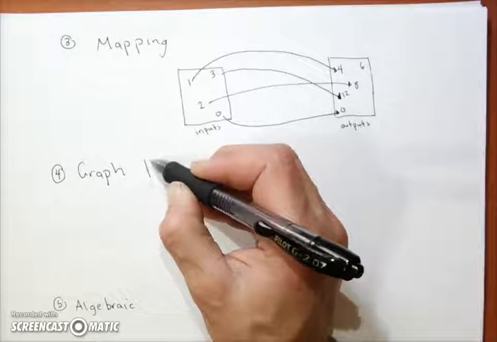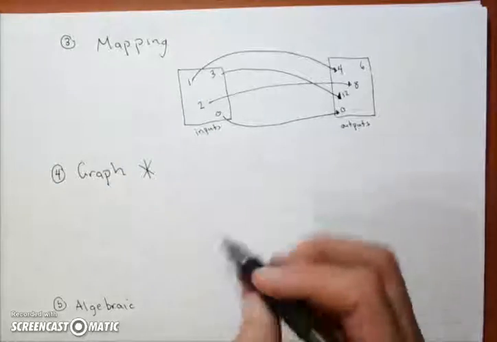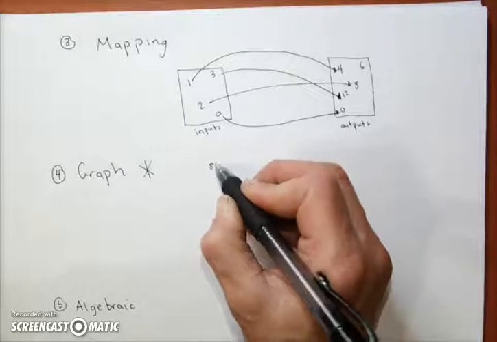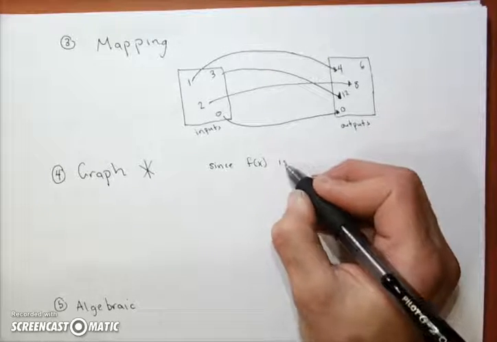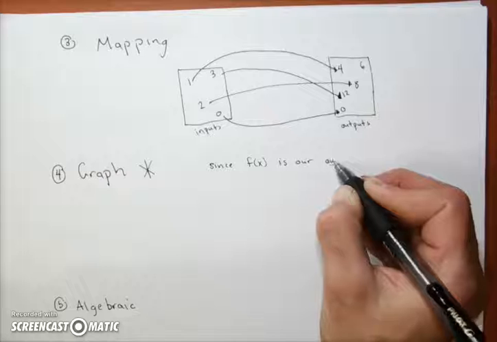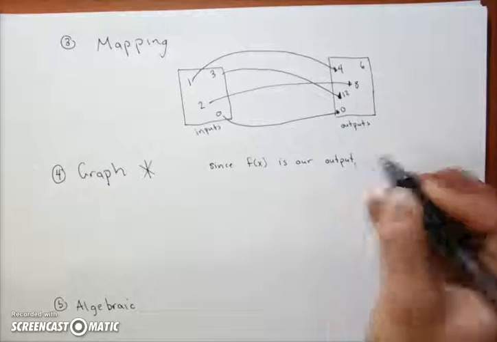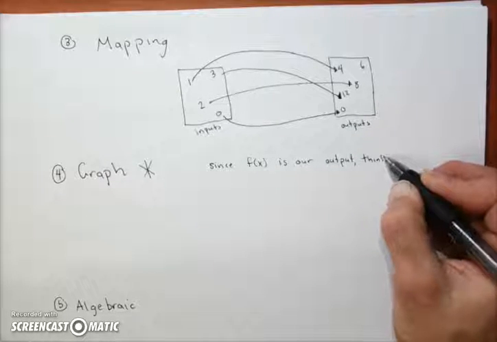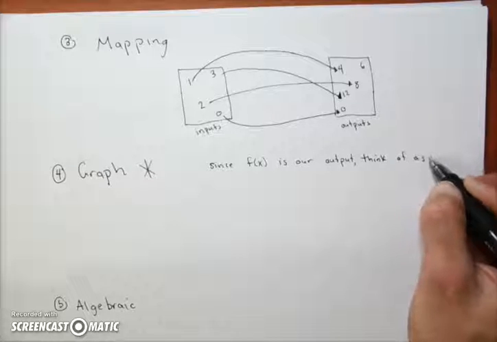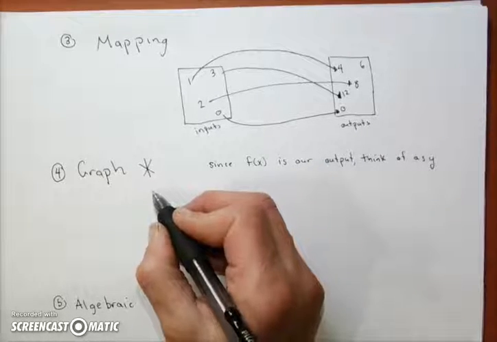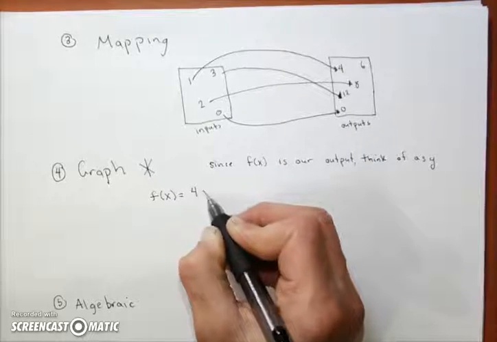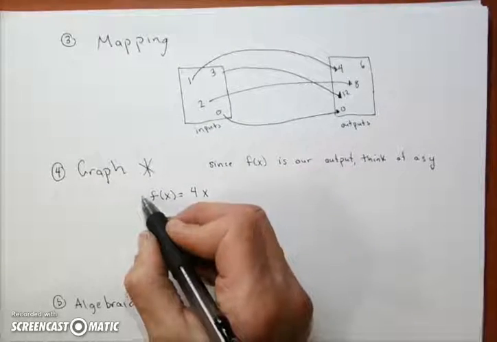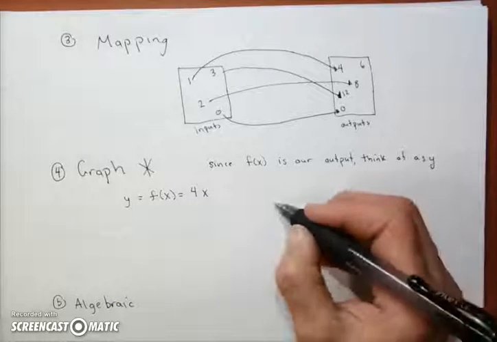Probably the most important way to visualize functions is as a graph. So since f of x is our output, think of it as y, just like before. So we have this expression, we're saying f of x equals 4 times x. So in other words, y equals 4x.